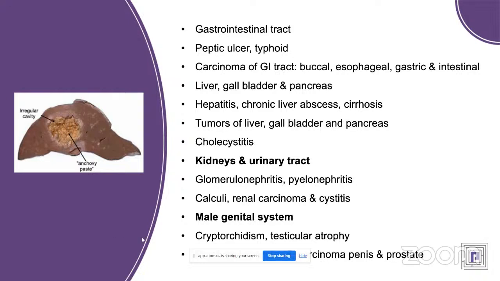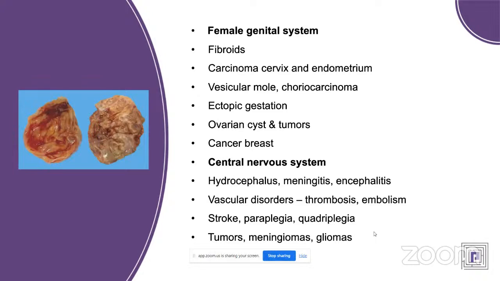And then the male genital system. In the male genital system, we are going to discuss cryptorchidism and testicular atrophy, carcinoma penis, and prostate and testis. So all these are discussed in the male genital system. The next system is the female genital system.